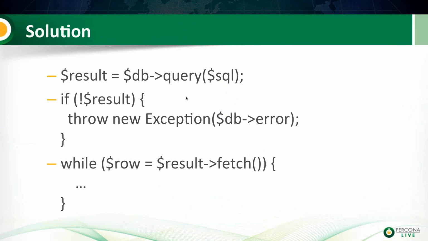It's common in the PHP libraries, for example, for the result of a query to be the literal Boolean value false if there is any type of error associated with that query. You can't call an object method on a false value. So if result is storing false and we try to call fetch on it, that will be a fatal error and it will complain at us. It has to be an object to have a method.